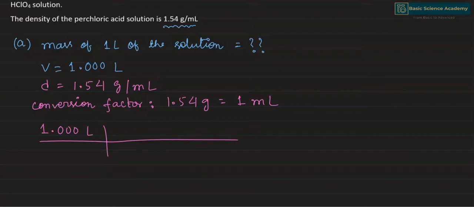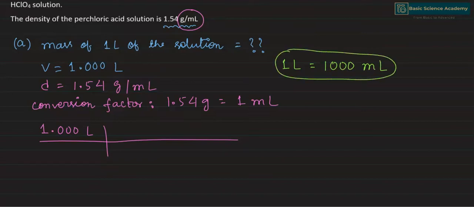Since the density is in gram per ml, and we are given 1 liter of the solution, first we have to convert 1 liter of the solution into milliliters. For this purpose, we will use the conversion factor 1 liter is equal to 1000 ml.